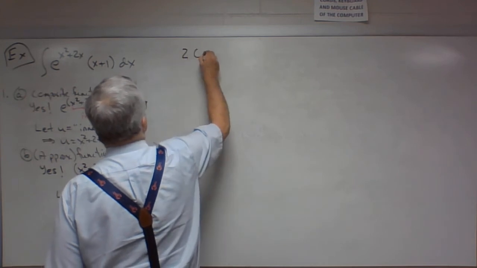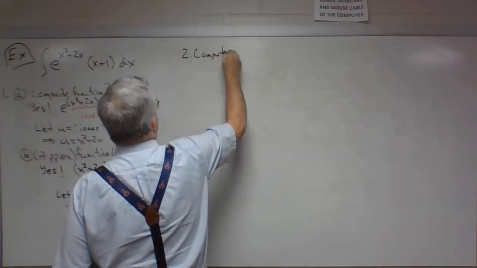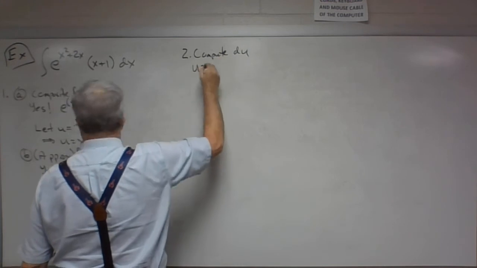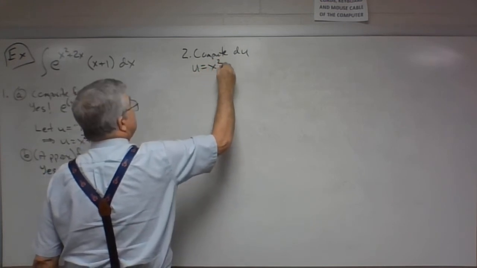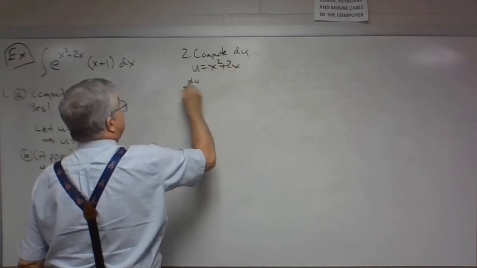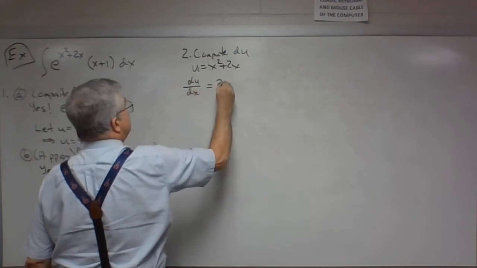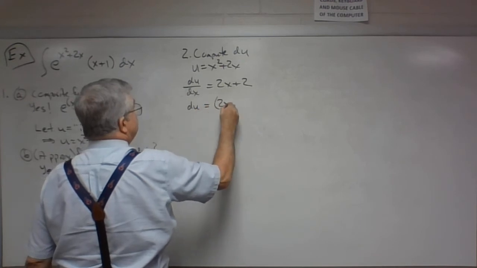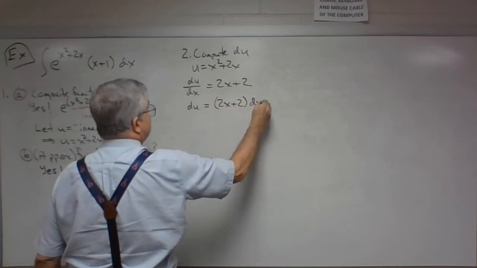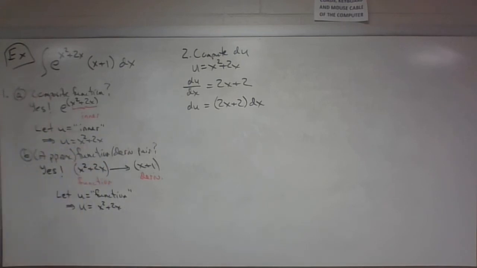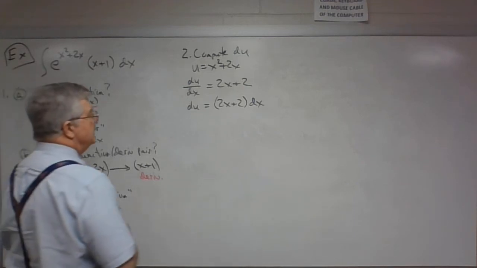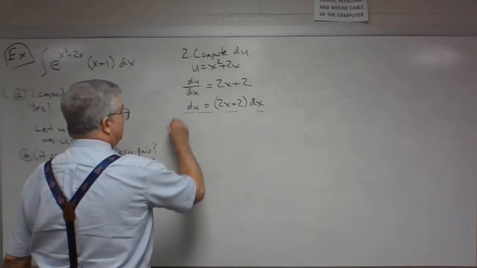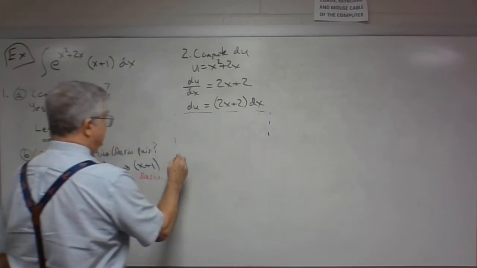Next, we're going to compute du. u equals x squared plus 2x. du dx is 2x plus 2. du is 2x plus 2 dx. And I'm going to leave about one line blank here.